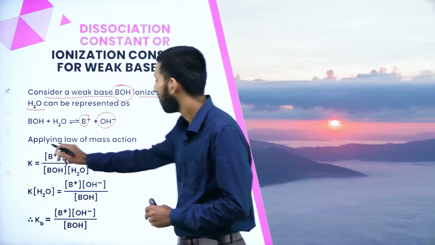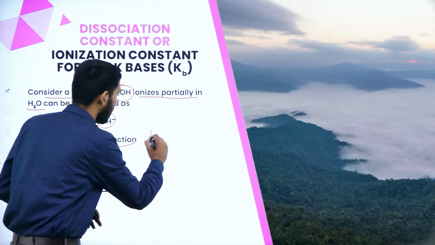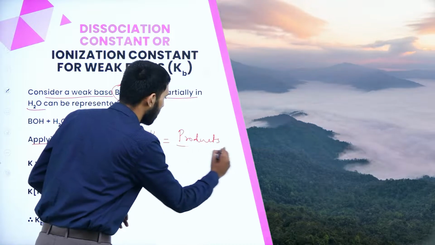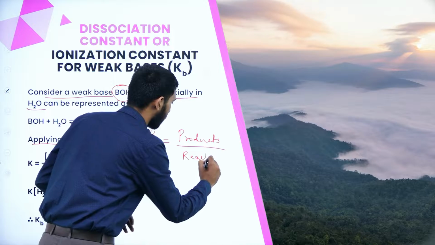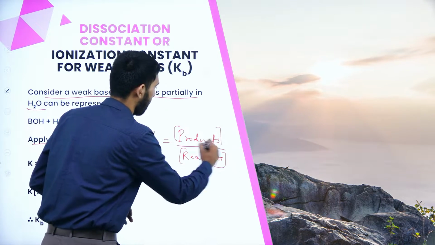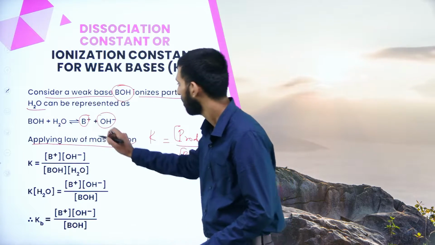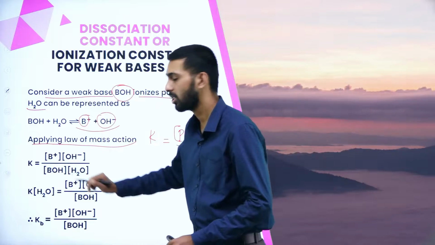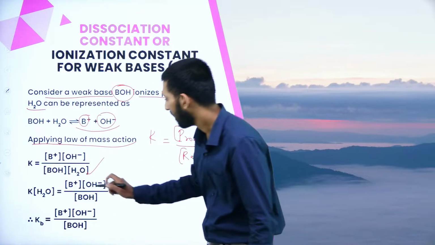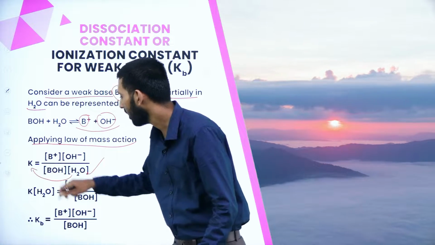Okay, now applying the law of mass action. From the law of mass action we know that K is equal to concentration of products divided by concentration of reactants. First we have to take the products. In the next step, let us take K into H2O on the left hand side.